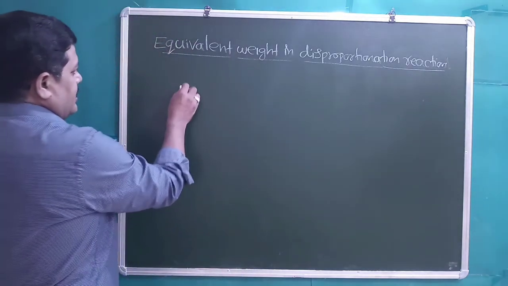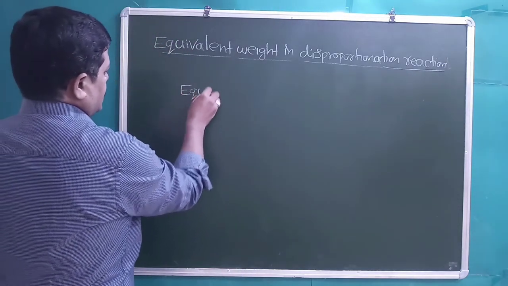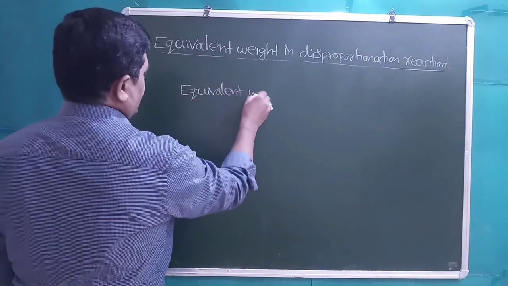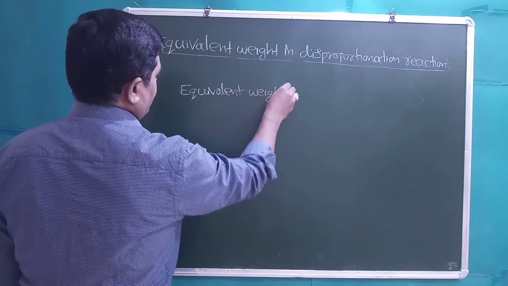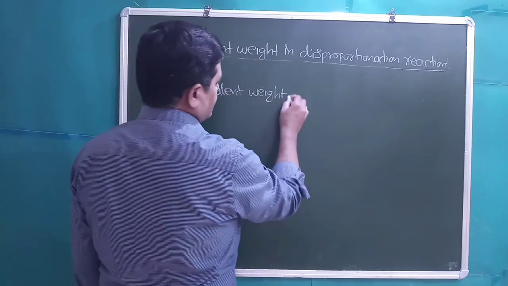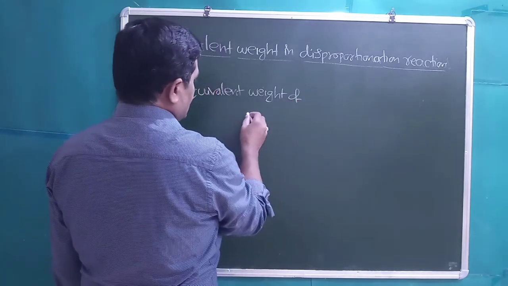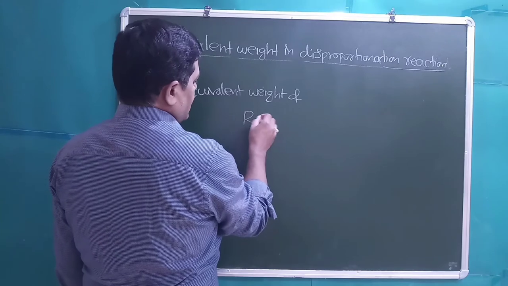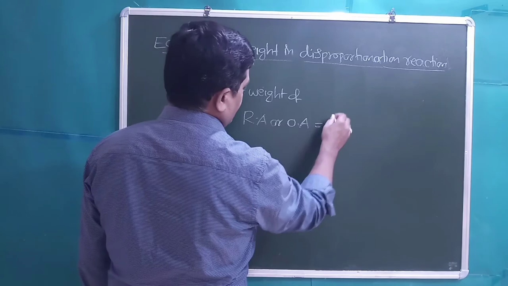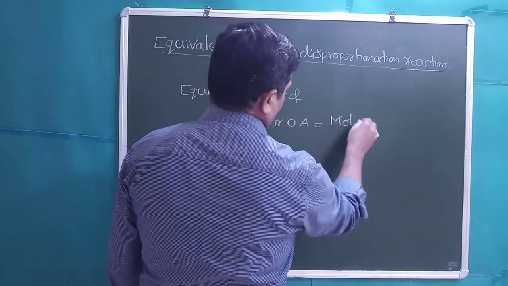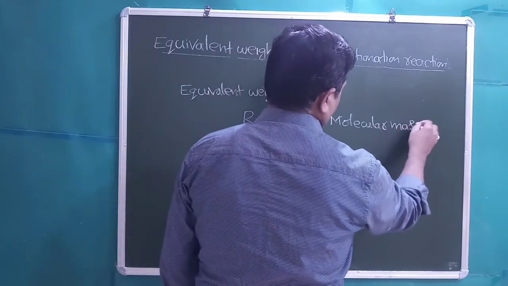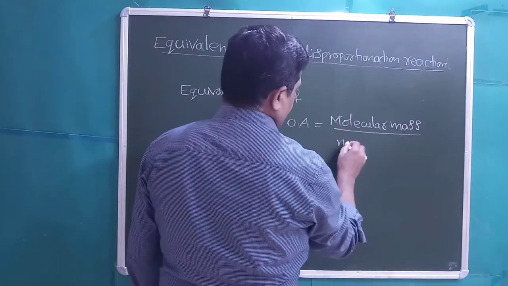Students, generally equivalent weight or mass, there is no difference between weight and mass in chemistry. So the equivalent mass or equivalent weight of a reducing agent or oxidizing agent is equal to molecular mass divided by n factor.